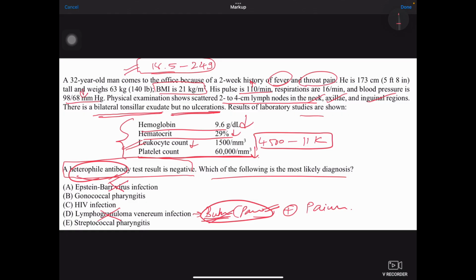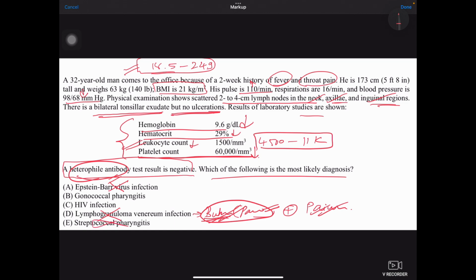So in LGV, buboes painful, lesion painless. Nothing of that sort is given here. The lymph nodes which are swollen here are in the neck, axilla, and inguinal regions, but there are no ulcerations on the penis or anything. So it is not LGV.